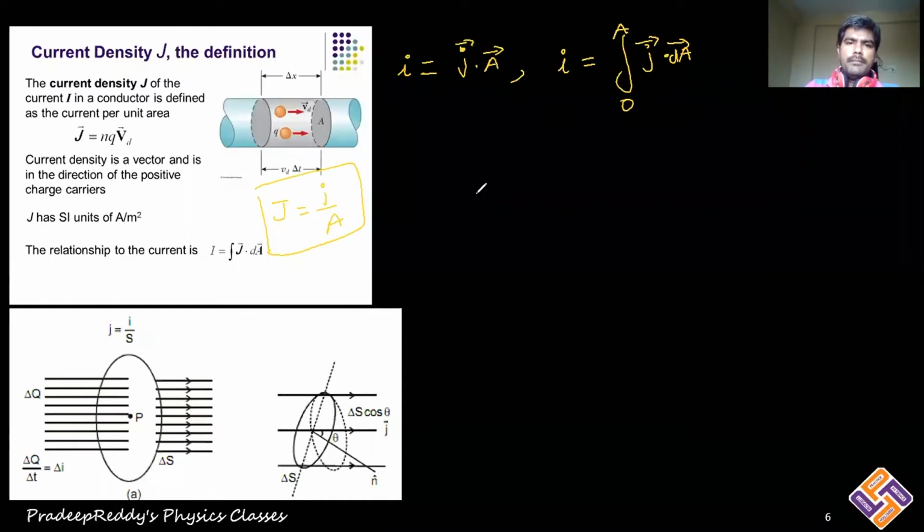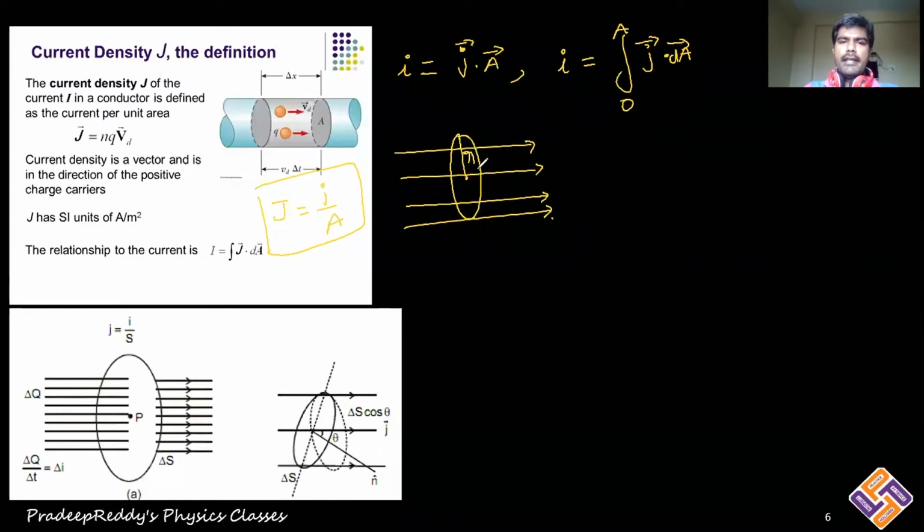Now for example, you have a conductor like this, whose area of cross section is this. Radius of this is R, and the current flows this way.